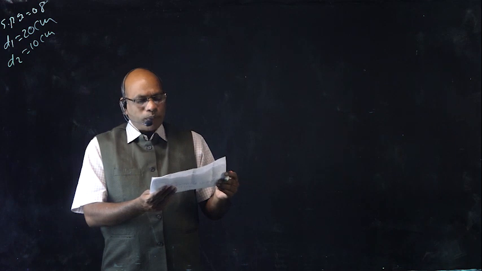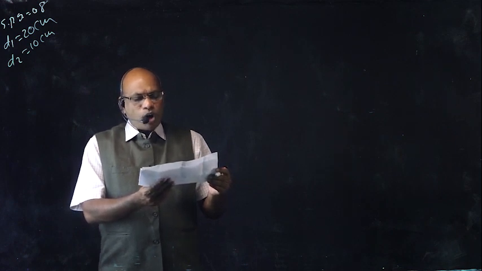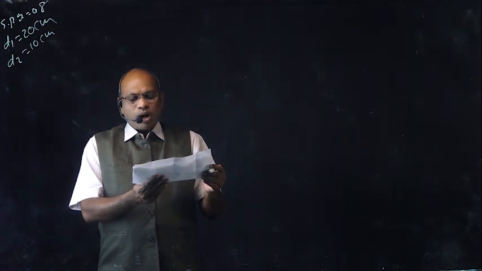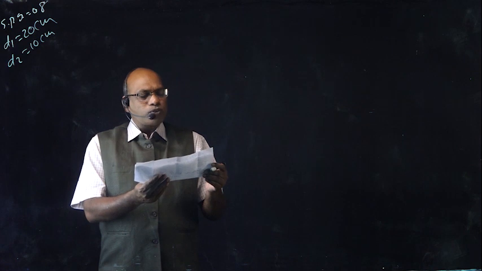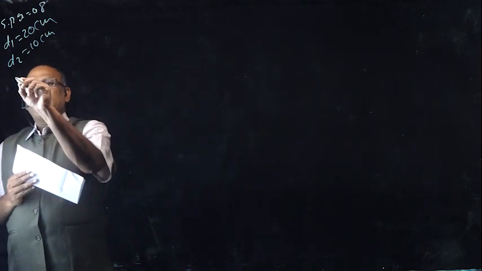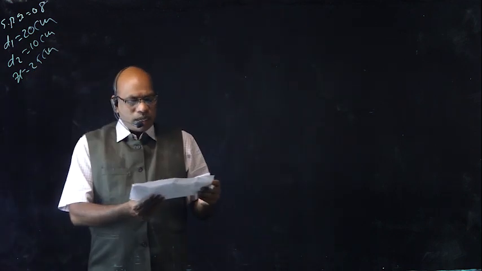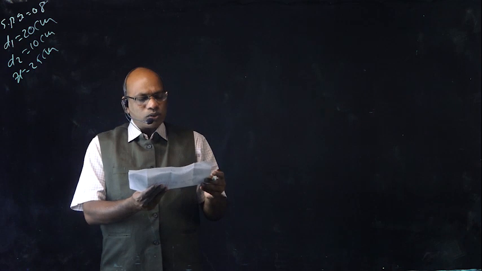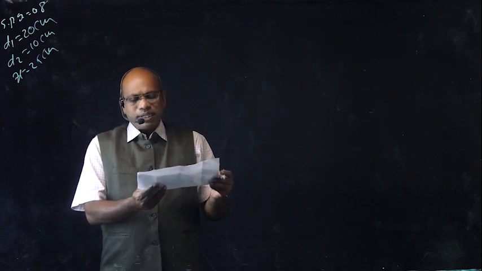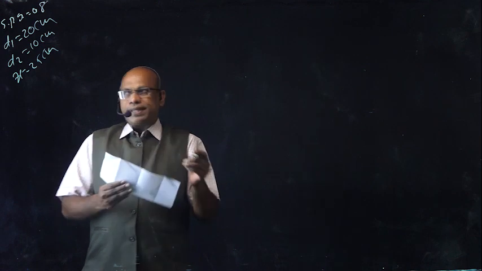The oil mercury differential manometer shows a reading of 25 centimeters. Calculate the discharge of oil through the horizontal venturimeter. Take CD equal to 0.98.